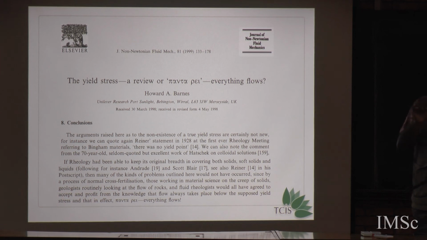By strain rate going to 0, I mean strain rate going to 10 to the power minus 20, 10 to the power minus 50, and so on. So at some extremely slow rate, the yield stress actually goes to 0.